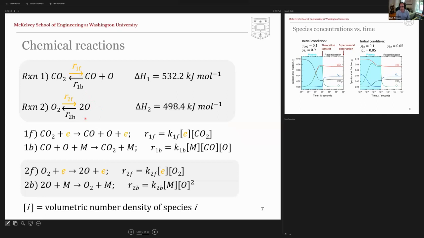So the forward process is driven by impact with these extremely hot electrons. And so the forward process is driven at a much higher rate than it would be in a thermal environment that's governed by local equilibrium. And so the forward rates are what drive the process away from the value you would expect at the background temperature. So from the experiments, we'll get K1F, K1B, K2F, and K2B.